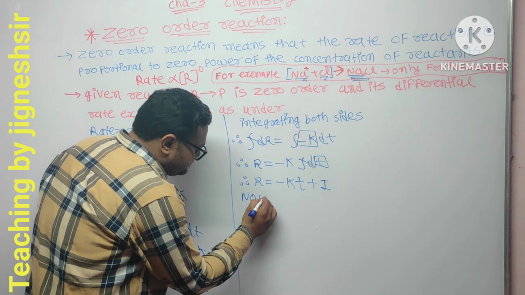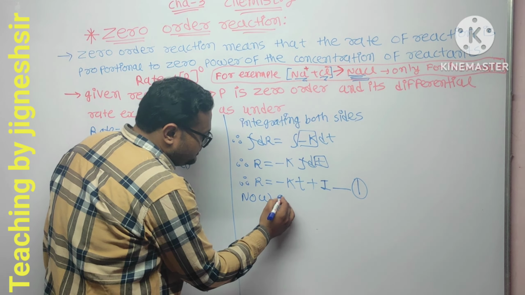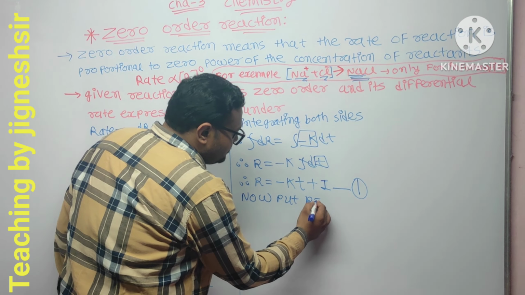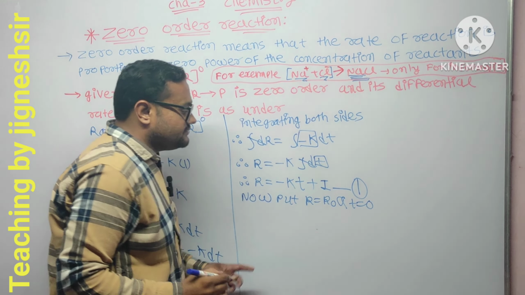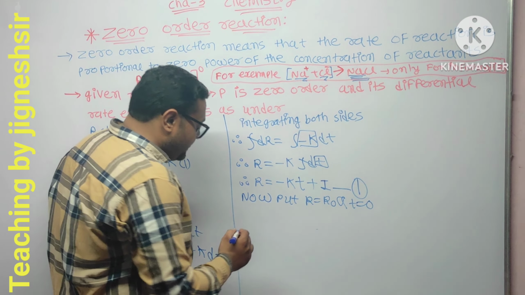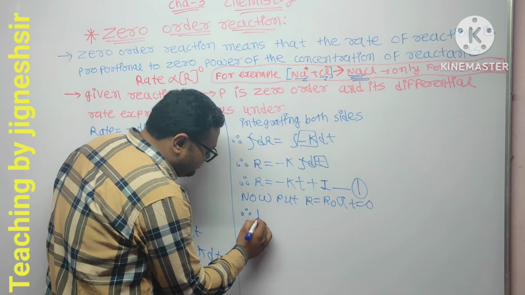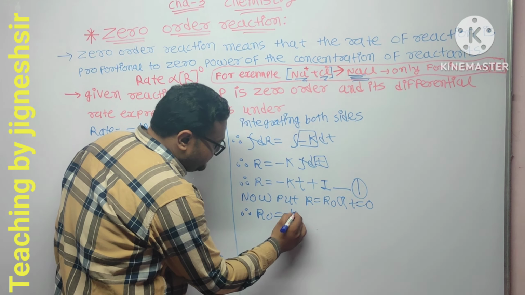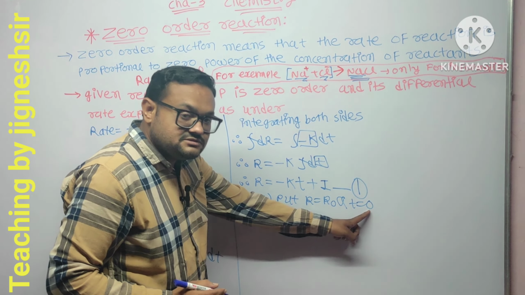Now put R is equal to R0 and t is equal to 0 in the above equation. We get R0 is equal to minus K in bracket. What is the value of t? That is 0.